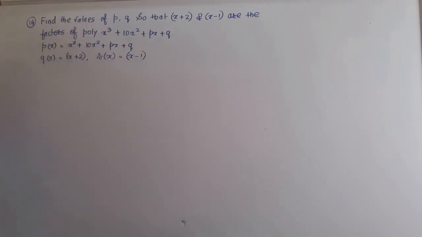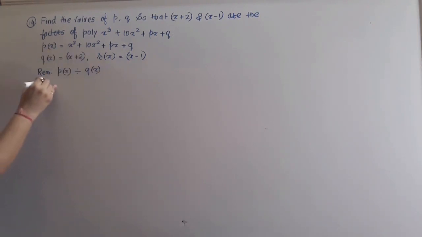So let us find the remainder in both cases. As we know, the remainder will be 0. So whatever remainder we obtain here, we shall equate with 0 afterwards. So here first I am finding the remainder when p of x is divided by q of x.